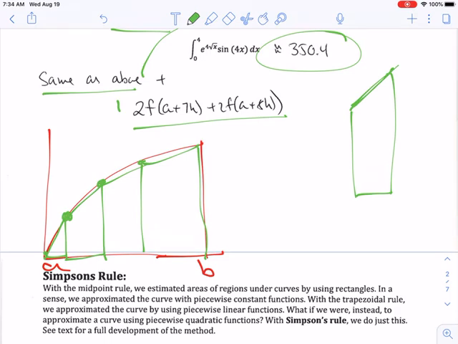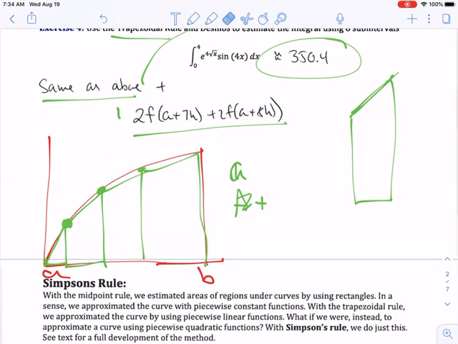The formula for finding the area of a trapezoid is you add up the two bases and multiply by the height divided by 2.